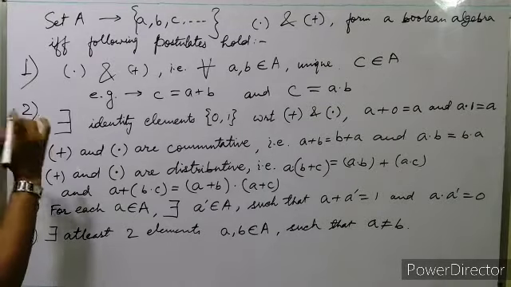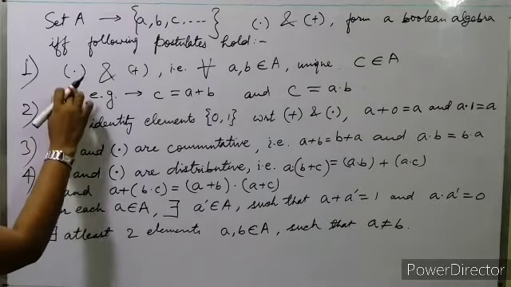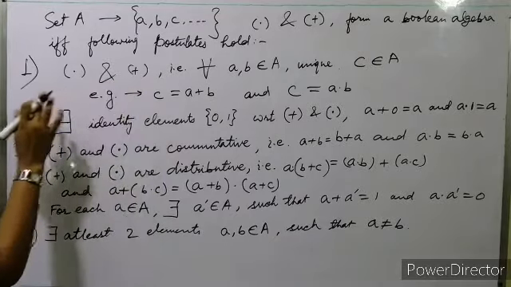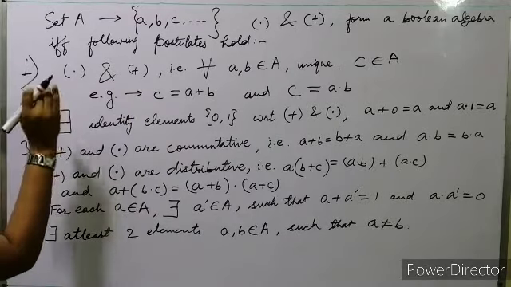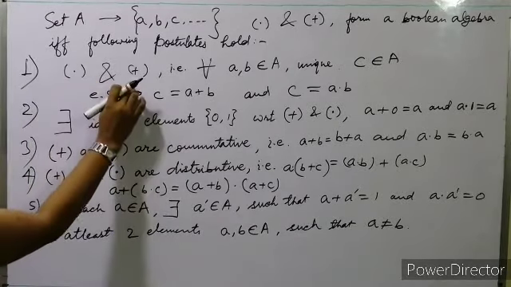First one is that there is closure with respect to dot and plus, that is logical multiplication and logical addition.